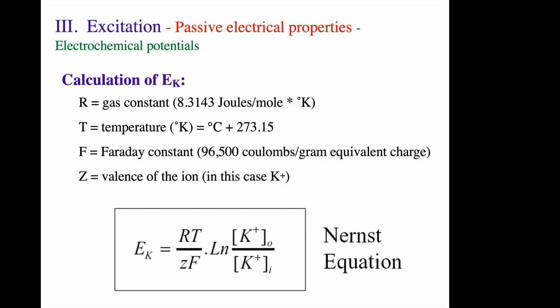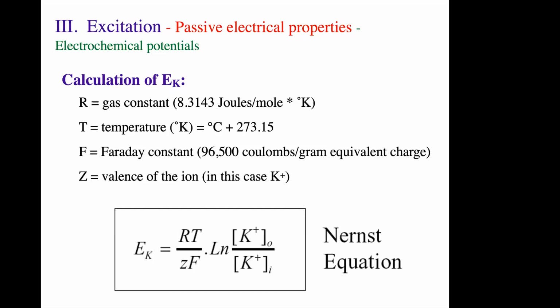So E sub K is equal to R, which is the gas constant, times T, the temperature in degrees Kelvin, over Z, which is the valence, and the valence is pretty much always going to be equal to 1, because all the ions that we deal with for calculating equilibrium potential are single valence ions. And F is the Faraday constant, 96,500 coulombs per gram, and I'm sure you all were dying to know that, all right?